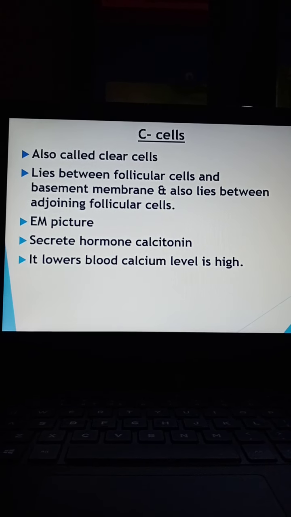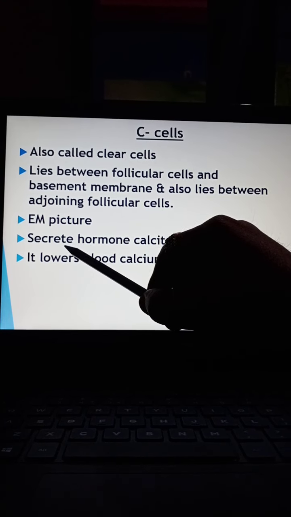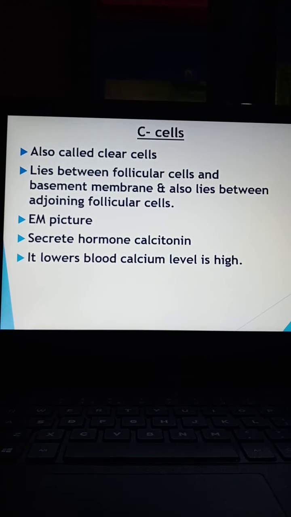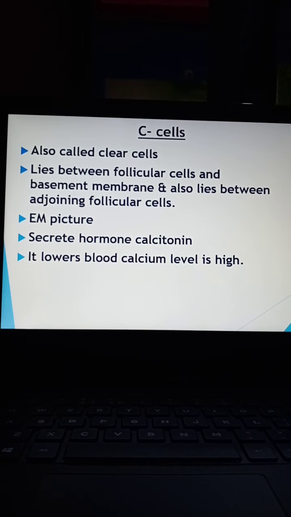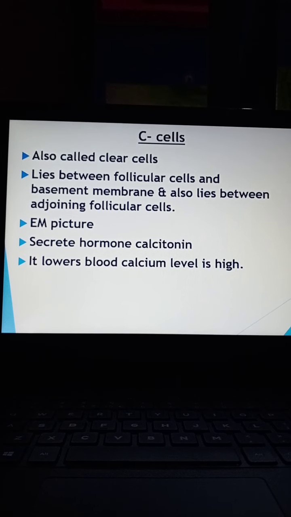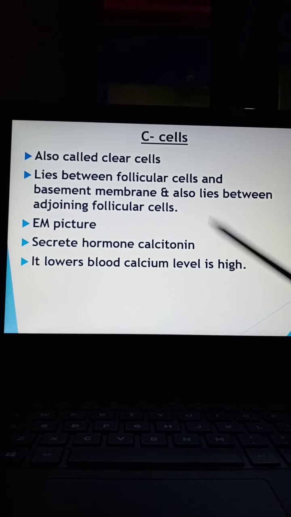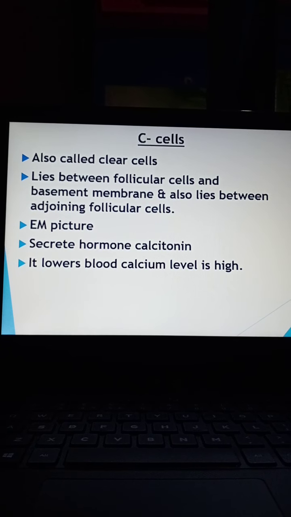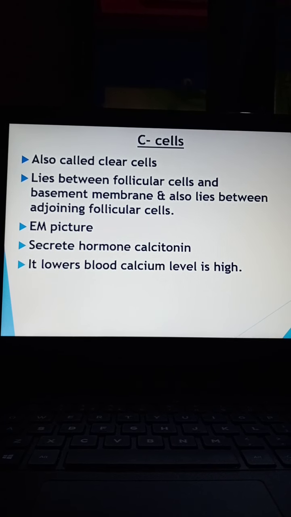Then what does it secrete? The C cell secretes the hormone calcitonin. Very important. This hormone has an action opposite to that of the parathyroid hormone on calcium metabolism. That's why this hormone is very important. That is called calcitonin.